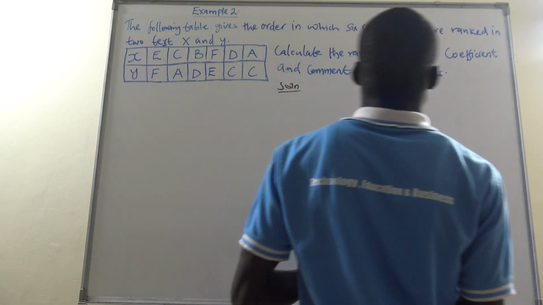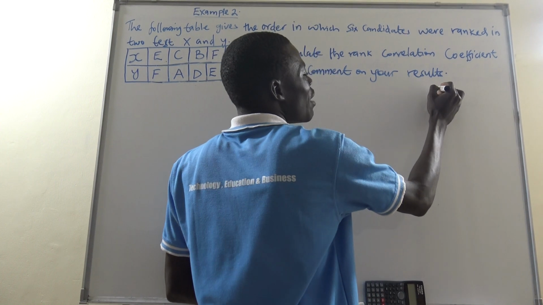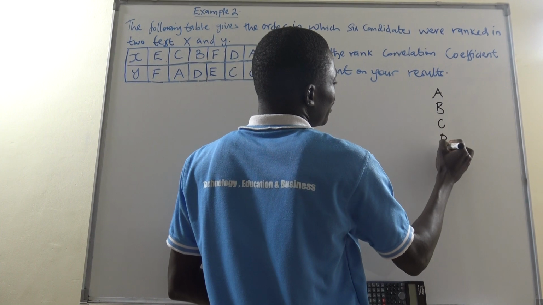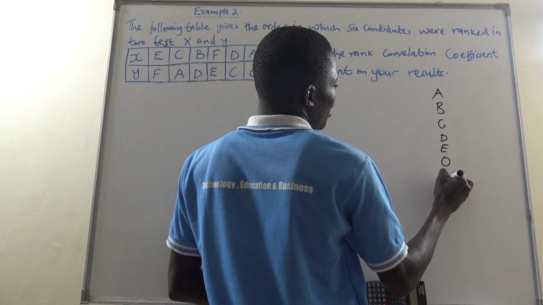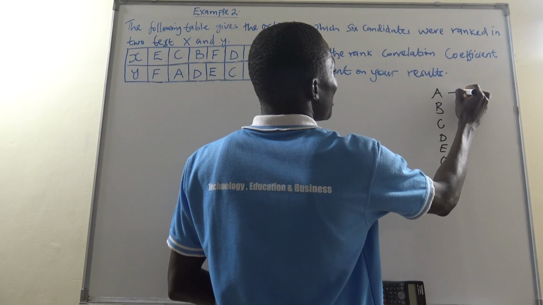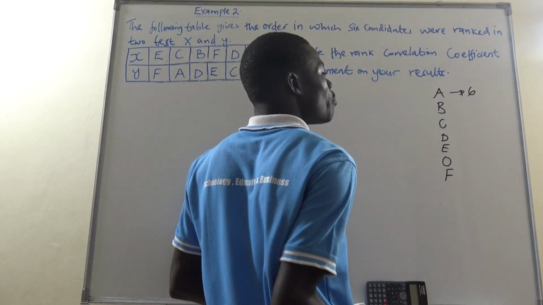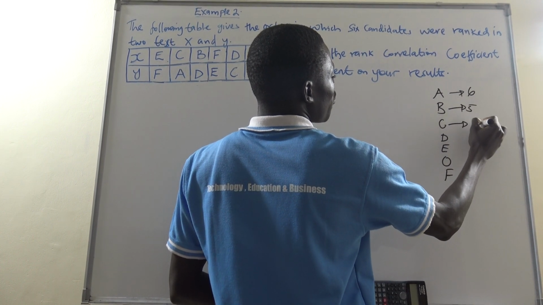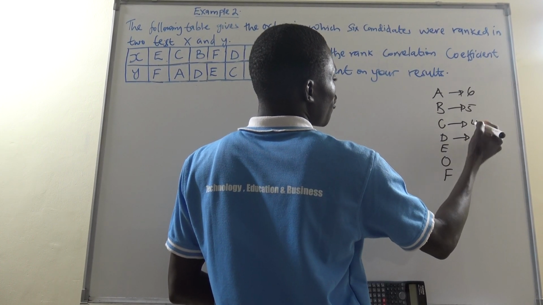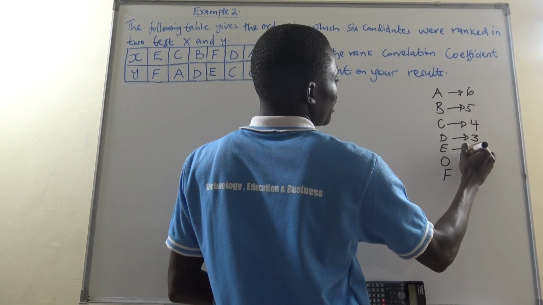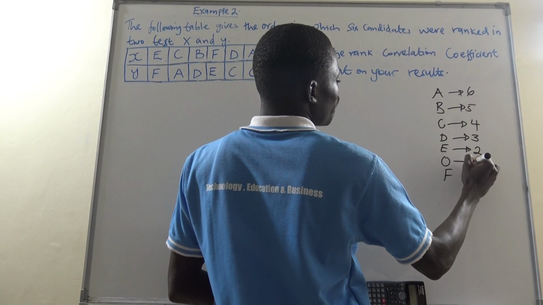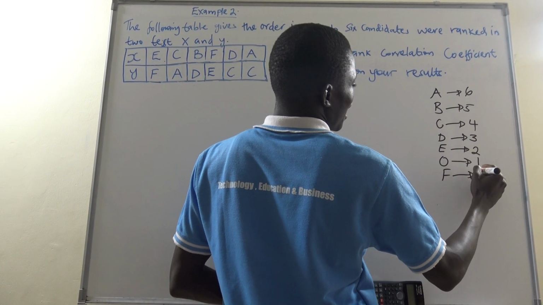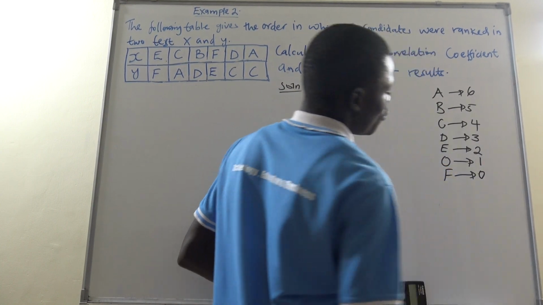In A level, any mark you obtain is awarded A, B, C, D, E, O, or F. A stands for 6 points, B stands for 5 points, C stands for 4 points, D stands for 3 points, E stands for 2 points, O stands for 1 point, and F stands for 0 points.